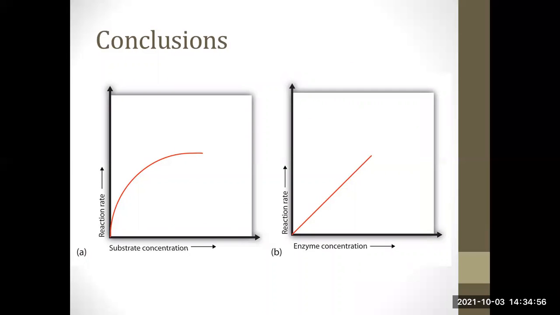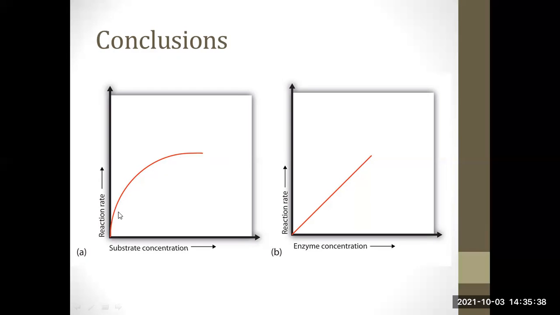For my conclusions after observing everything in this part of the experiment, as we increase the hydrogen peroxide, which is our substrate in this case, the reaction rate increased. Say we would have done a more varying experiment with more different concentrations, we would have gotten a graph like this, because after a certain time of increasing the substrate concentration, all of the enzymes would have been used up, and it would have come to a plateau around here.